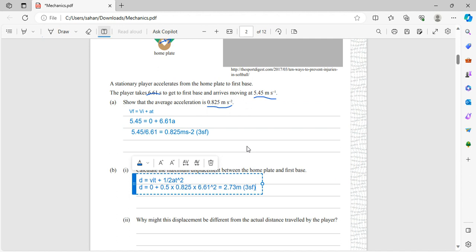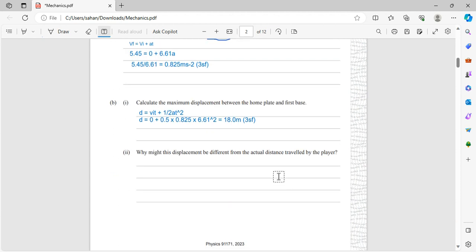If I instead took the value of this not rounded, I'll just check what the answer is and see if it's the same. Times 6.61 squared. Oh yes, guys, sorry, I forgot to put in the squared. That's why it's so little. I was wondering. Okay, so it's actually going to be 18 point something. Oh, okay, there we go. That makes more sense. So that's the maximum displacement.